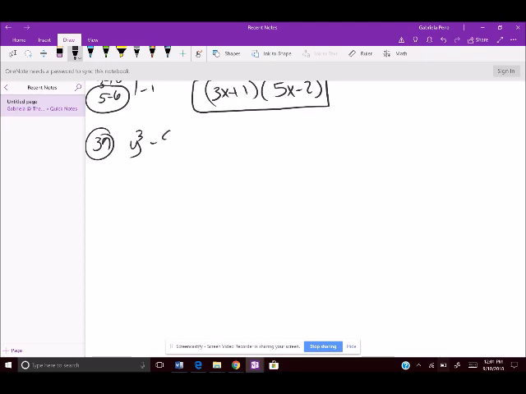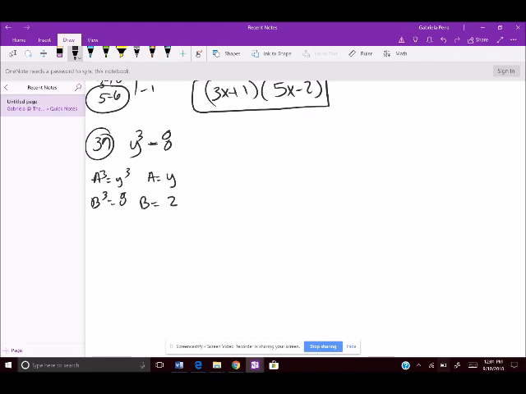This is the last thing that we learned, which is a difference of cubes. So my a cube is y cube. My b cube is who? 8. So A is going to be who? Y. And B is going to be 2.